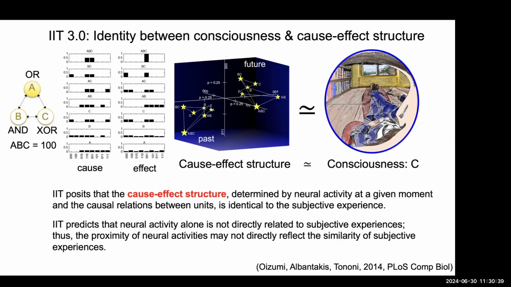That's what IIT proposes. So IIT predicts that neural activity alone is not directly related to subjective experiences. Thus, the proximity of neural activities may not directly reflect the similarity of subjective experiences. If we have experimental support for this prediction, I think it's going to be very important supportive evidence for IIT, but we have not so far got such evidence.